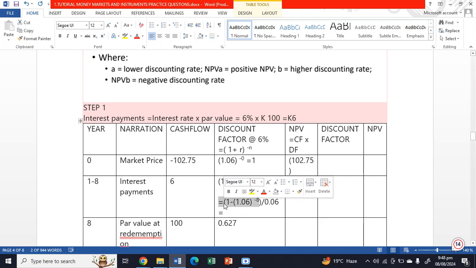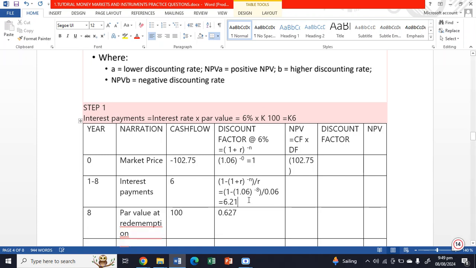Then you divide that by 0.06 and you get 6.21. Are we all getting 6.21?